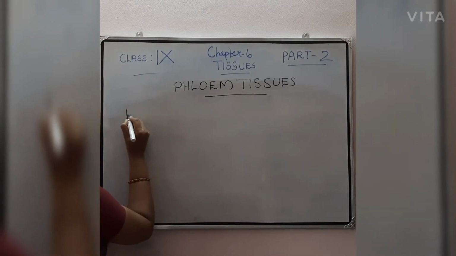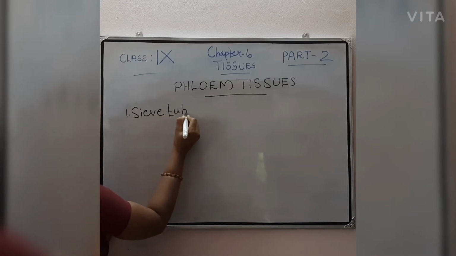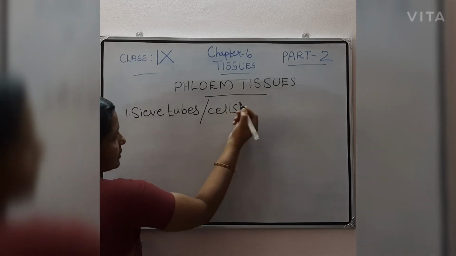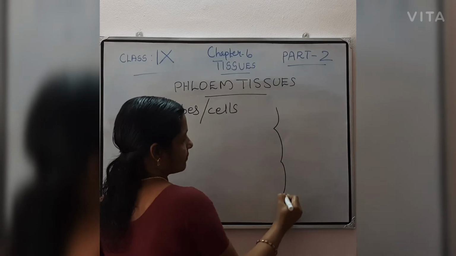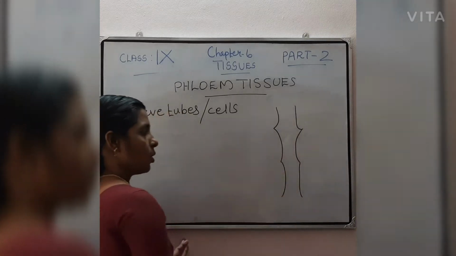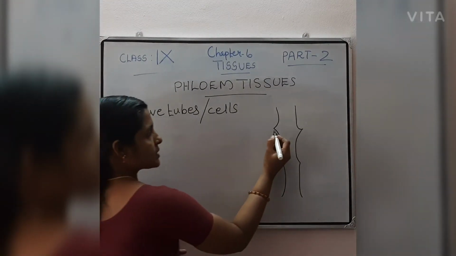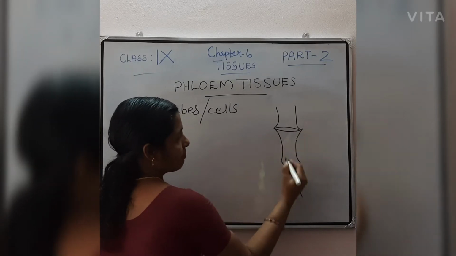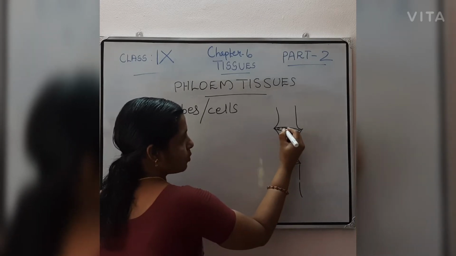The first one is sieve tubes, or we can say sieve cells. These sieve cells are elongated, long cells, but in between the tube cells you can see a plate-like structure consisting of numerous pores.